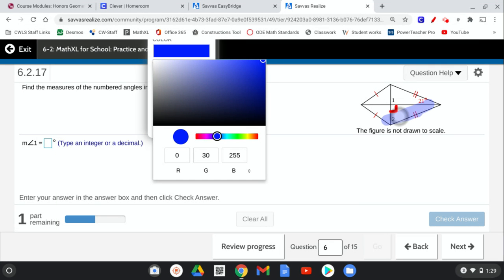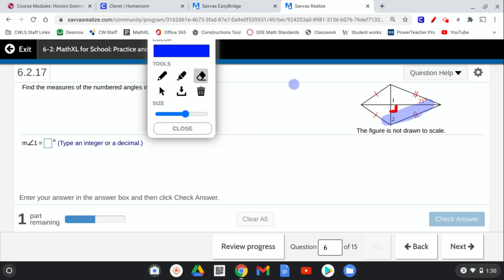this blue triangle, oops, hold on. So let's erase that. So this blue triangle right here, like we said before, is a right triangle, okay?